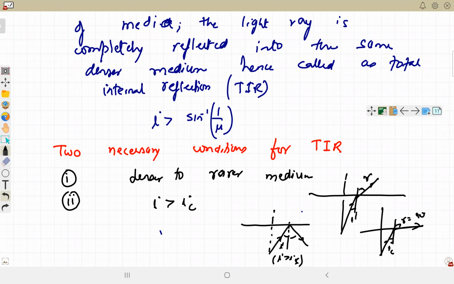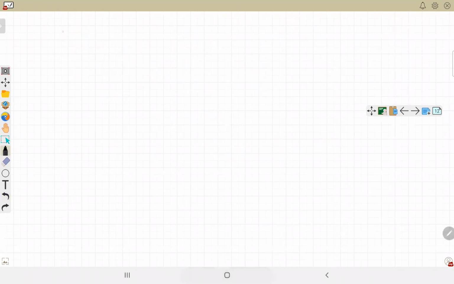Now there is another simple condition we use when we make a mirror. In a mirror, we polish one surface, and in polishing some of the light is absorbed. So it is not necessary that from a mirror the incident light intensity or brightness will be equal to the reflected light. This is not necessarily true because that painting or polishing, that coating, will also absorb some amount of energy.